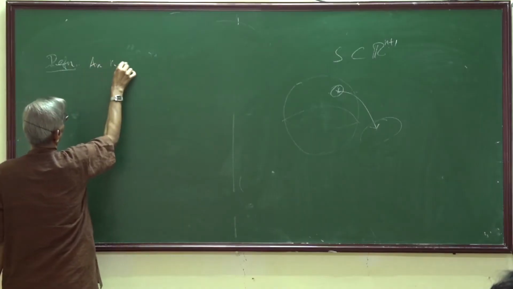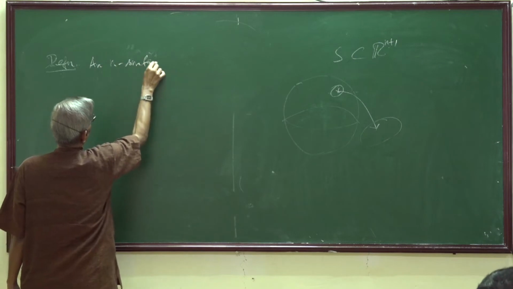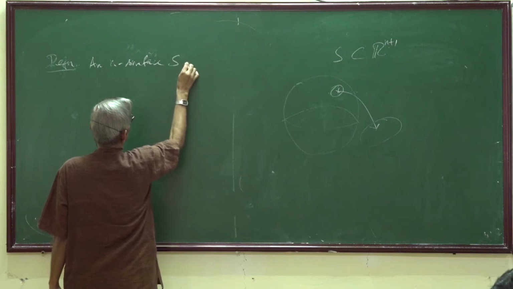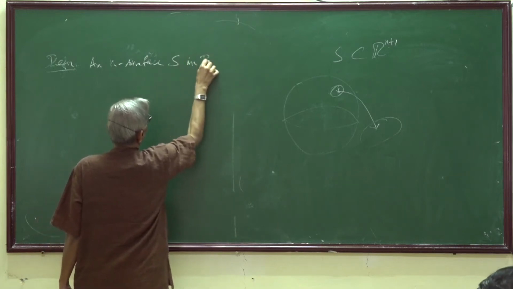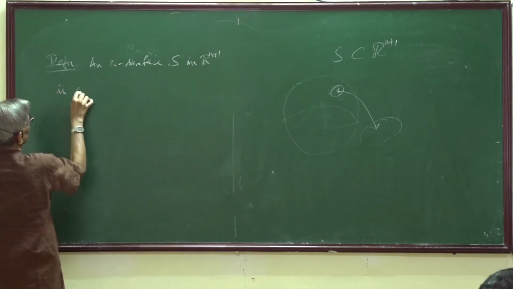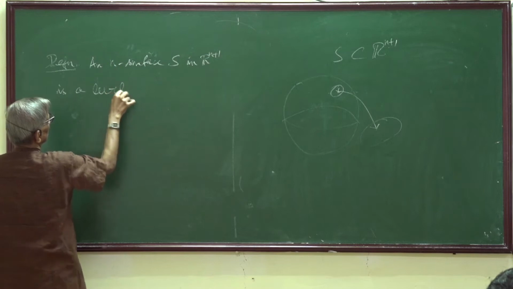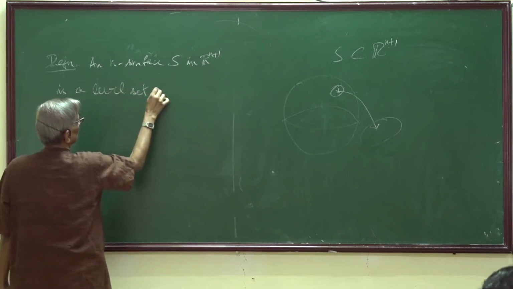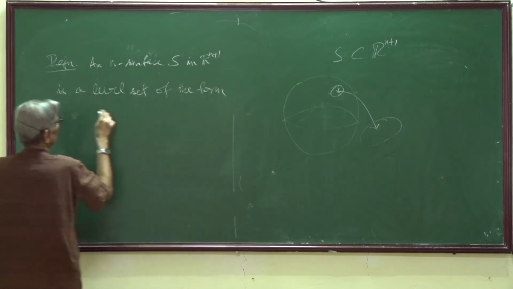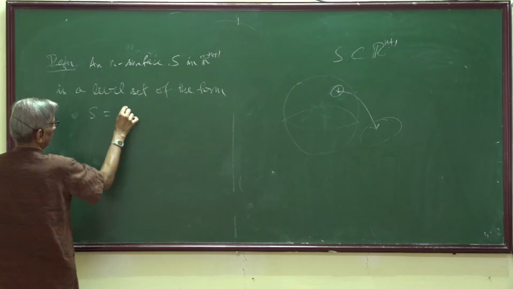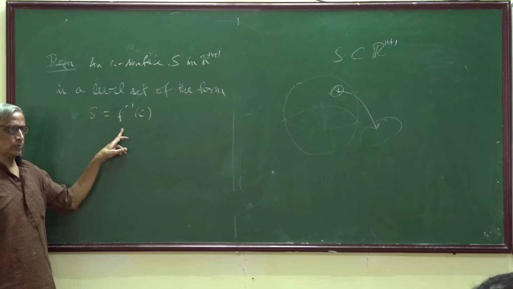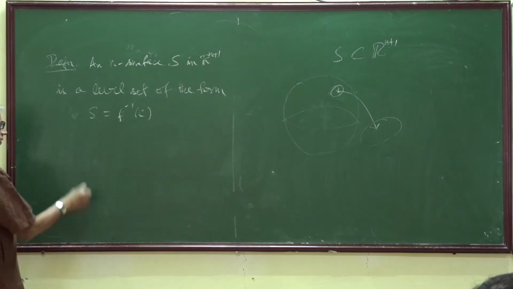An n surface, which we wrote down yesterday and I'm writing down again, S in Rn plus 1 is a level set of the form S equal to f inverse C. This means all points x, y, z which are mapped to C by the function f.